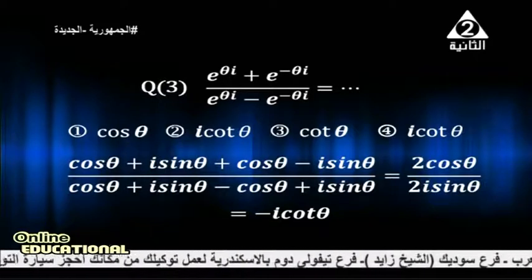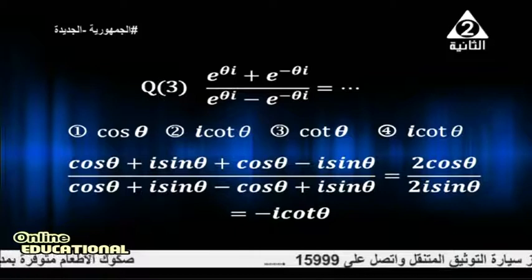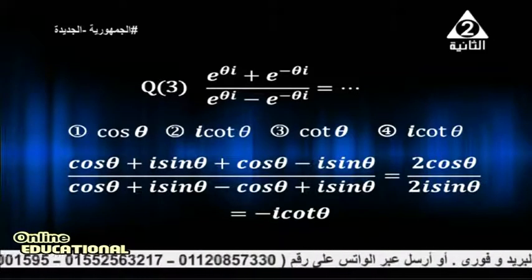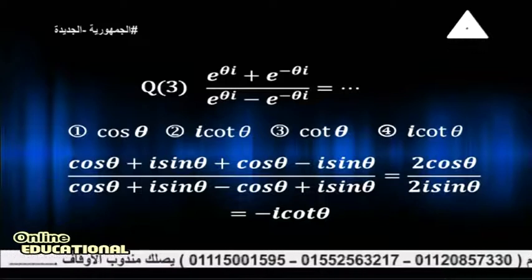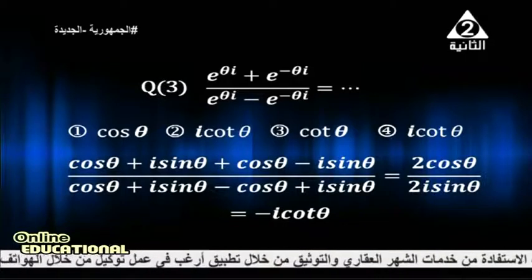Don't forget, my dear students, this is very important from the previous years, first secondary school and second secondary school. Imagine i equals square root of negative 1. i squared equals negative 1. i power 3 equals negative i. i power 4 equals 1. Don't forget this basis of imaginary numbers or complex numbers.